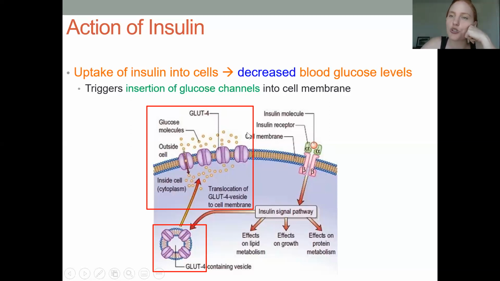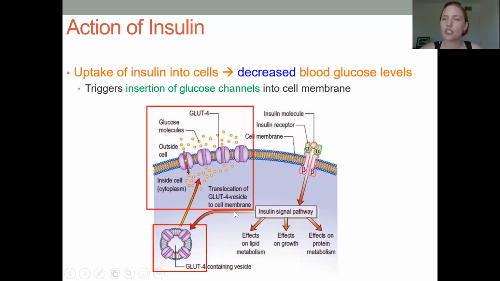Because glucose is polar and a little bit on the bigger side, it requires these channels to get in. You can't get glucose into the cells without a carrier protein, right? So we need to insert those carrier proteins into the plasma membrane of the cell, and that allows the glucose to come inside of the cell.